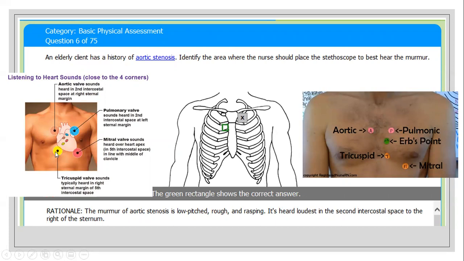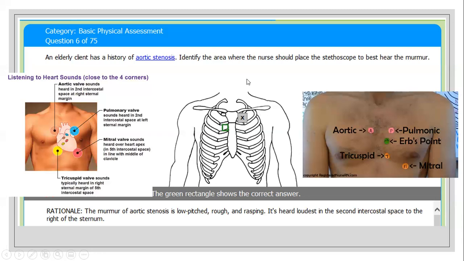The tricuspid area is typically heard at the right sternal margin of the fifth intercostal space, and the mitral valve is heard over the heart apex in the fifth intercostal space in line with the middle of the clavicle. The clavicle is this bone here.